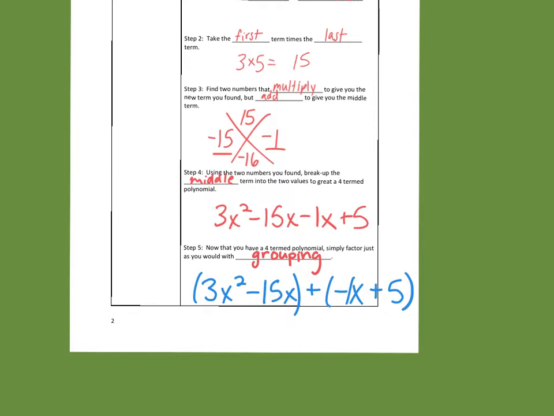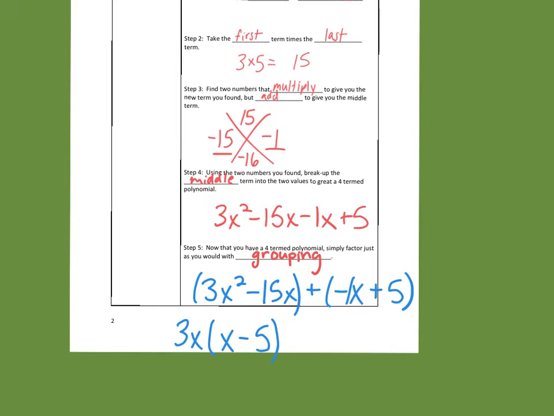Okay. Looking at the first 2 terms, so 3x squared and negative 15x, what do those have in common? 3 and x, good. When I pull out that 3x, my first term becomes just x. And what about the next one? Minus 5.